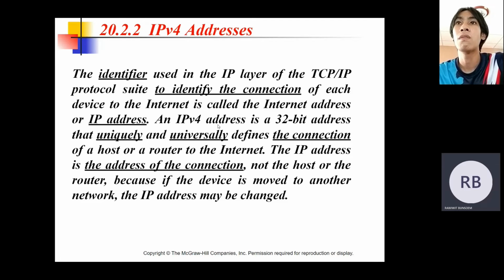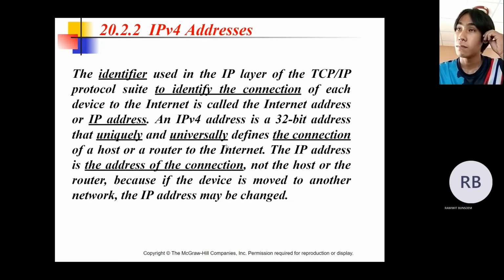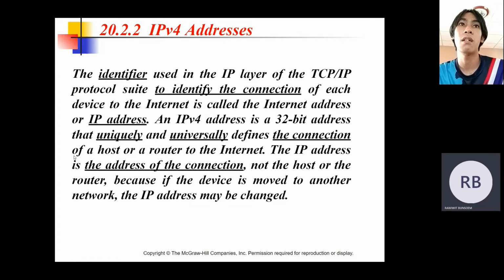An IPv4 address is a 32-bit address that uniquely and universally defines the connection of a host or a router to the internet. The IP address is the address of the connection, not the host or the router, because if the device is moved to another network, the IP address may change.